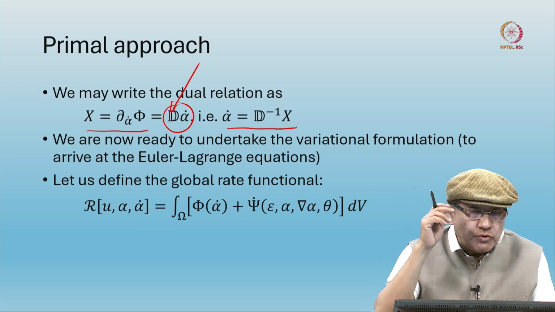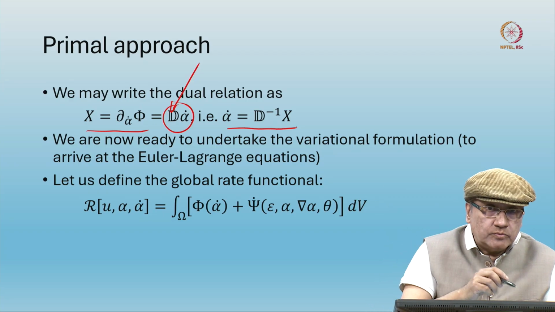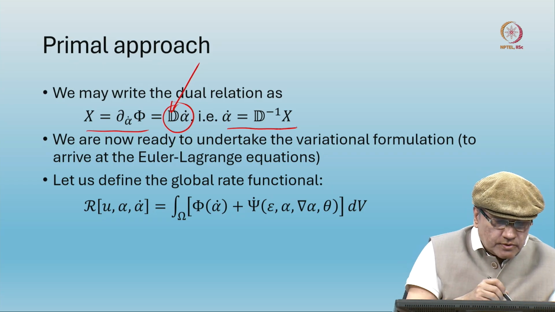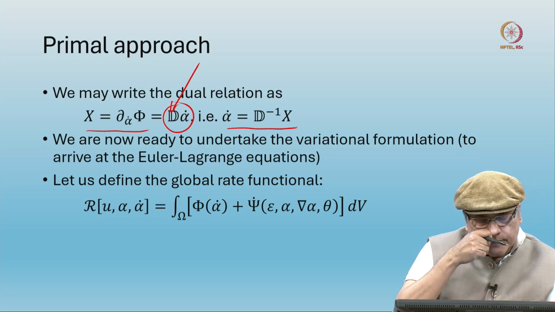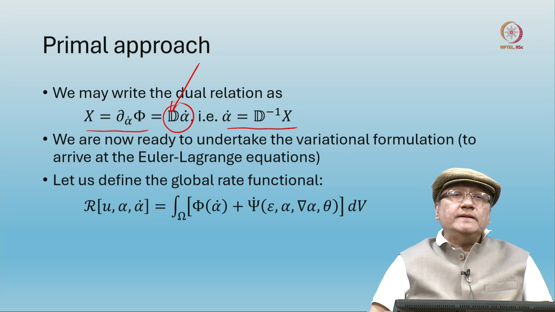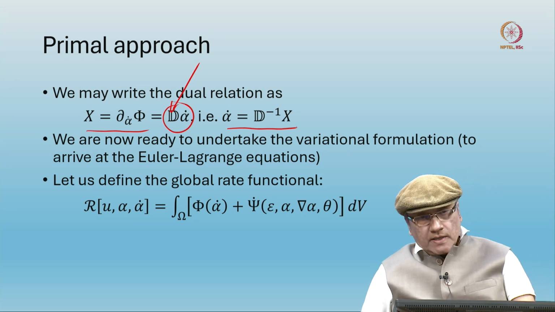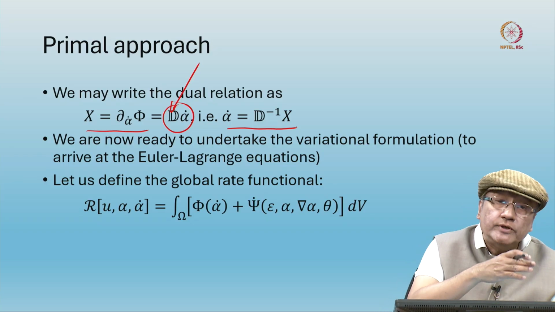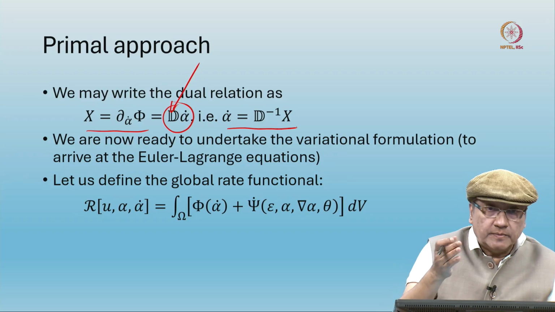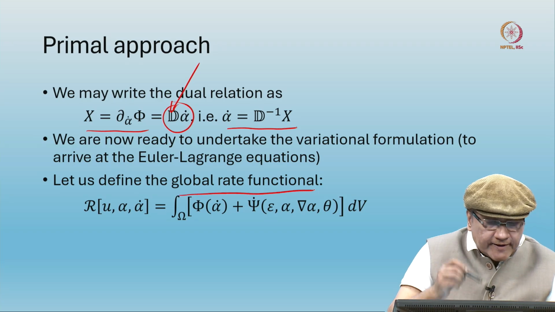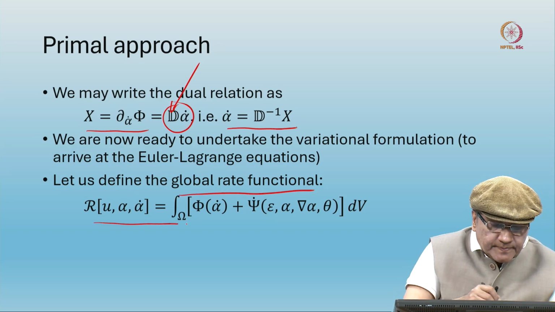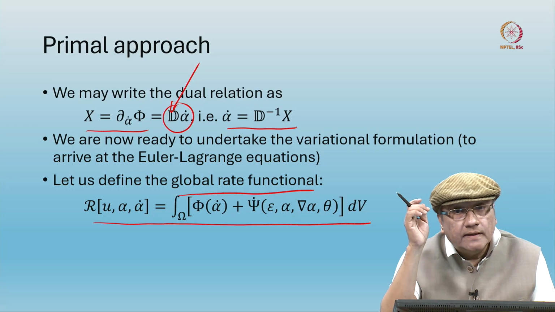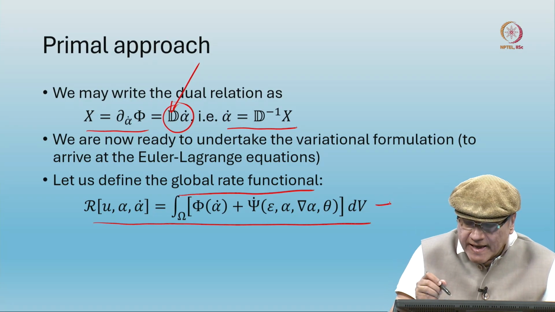Now let us do the actual variational formulation. By variational formulation I mean finding the Euler-Lagrange equations associated with R. We will deal with both the local part and the global part. The global rate functional will be simply the integral over omega, to which you have to add minus P external, the external power.